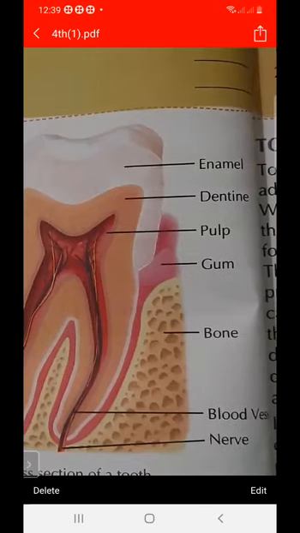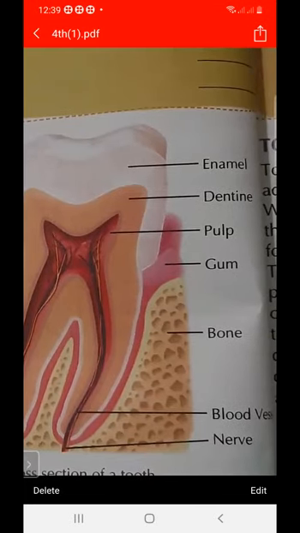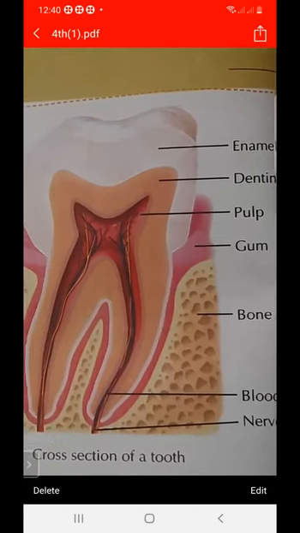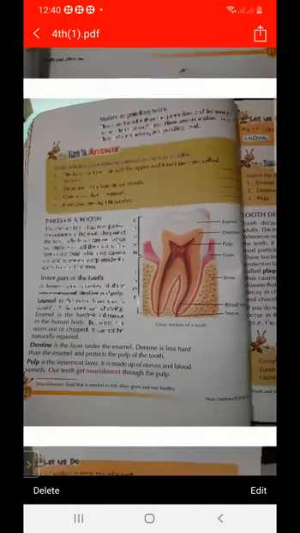The white part in the tooth is called enamel. After enamel, the part shown is dentin, then pulp, then gum, then bone, then blood vessel, and then nerve.